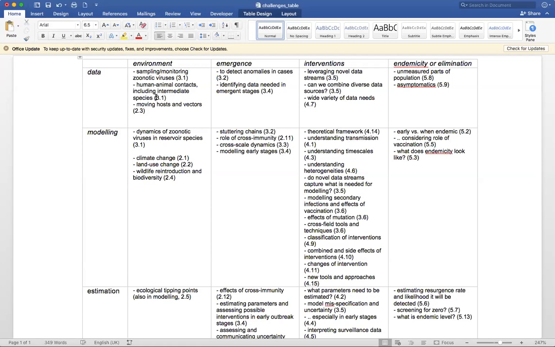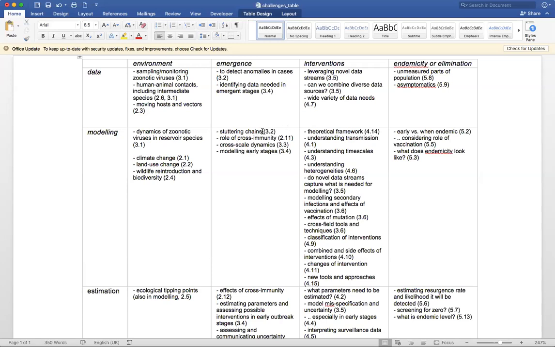I think that would be useful. So what you're saying, Valerie, is that it should be in both lists. Yes. And similarly, the stuttering chains in the diagonally next box.